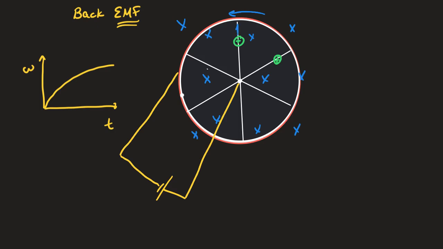It was pushing the positive particles outwards towards the end. That interaction with the magnetic field caused the system to begin to move, but that motion also then creates another force that limits the motion of the system.